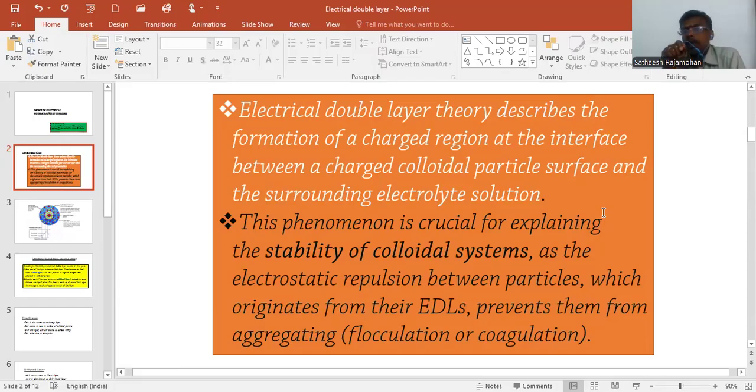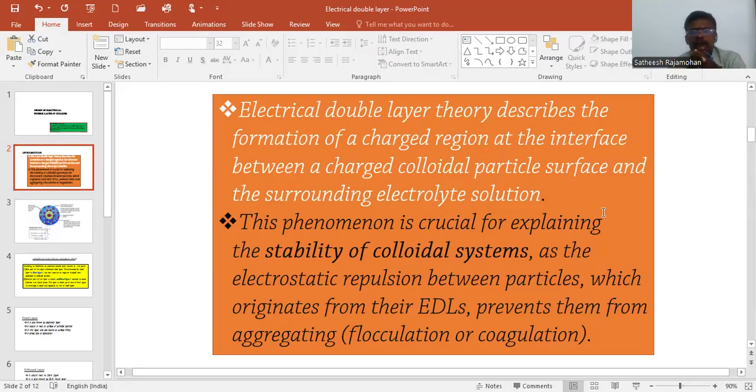If you consider one particle, namely ferric hydroxide, many of you have learned from the book that ferric hydroxide particles are positively charged because Fe3+ settles around the ferric hydroxide and makes the particle a positive one. Let me explain all these things in the next slide.